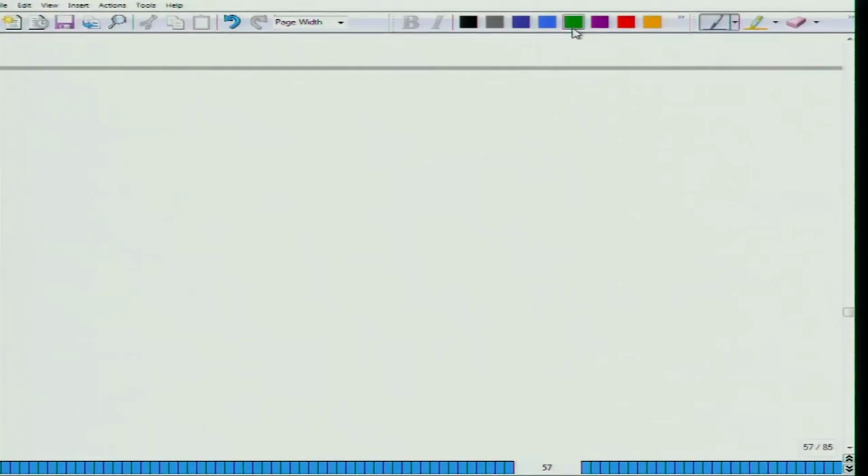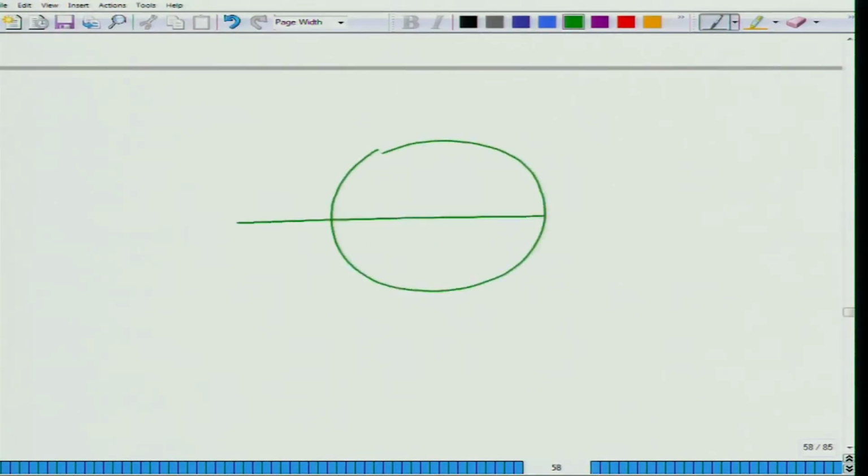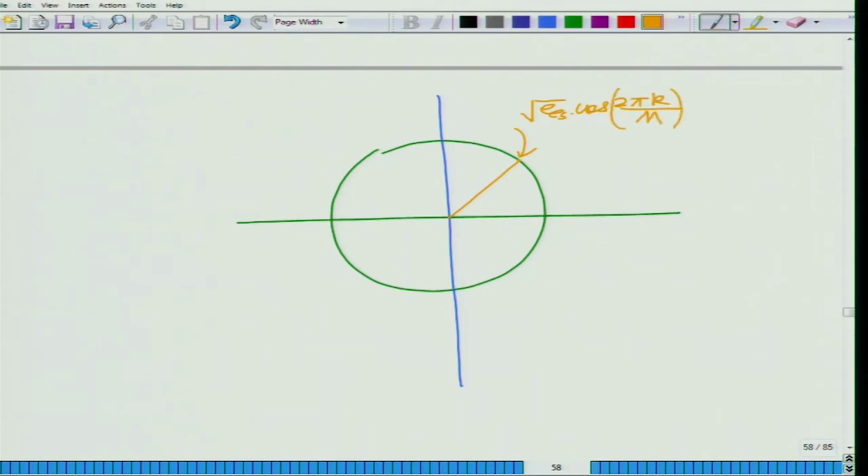Okay. So, in M-ary PSK, let me draw my picture. This is my circle, the points are arranged around a circle. For instance, you have this kth point, which is square root of Es cosine 2 pi k by M, and square root of Es sine 2 pi k over M. Okay, and you have several such points, so these are the points of the constellation.